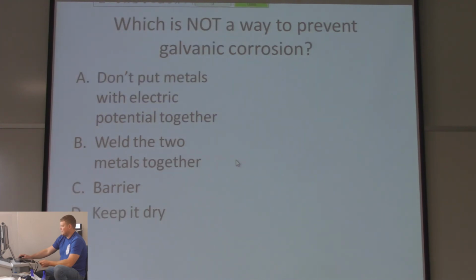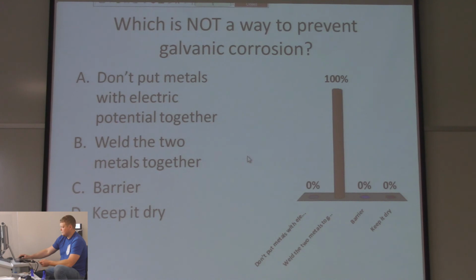Which is not a way to prevent galvanic corrosion? Don't put metals with electric potential together. Weld the two metals together. Barrier or keep it dry. Weld the two metals together. There's certain metals you can't weld together, like aluminum and steel, unless you're explosion welding, so that doesn't make any sense.